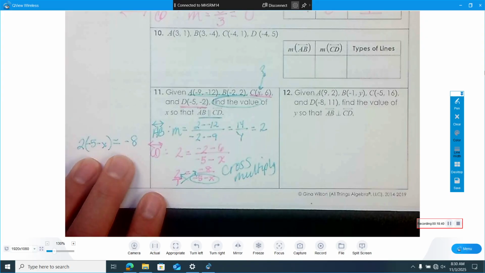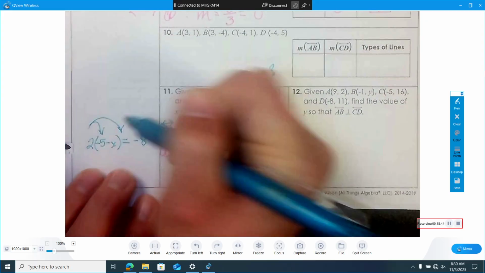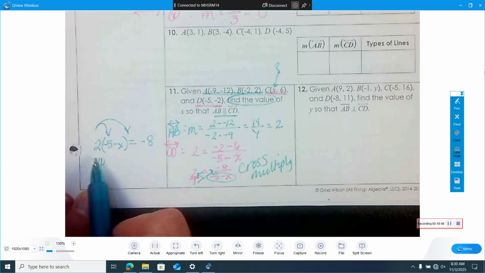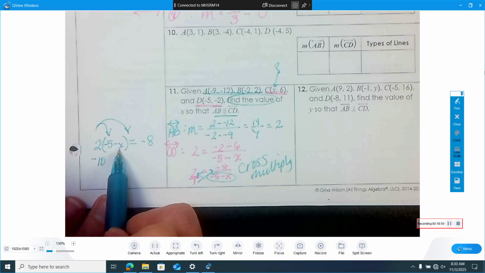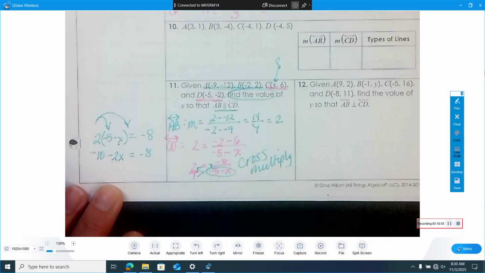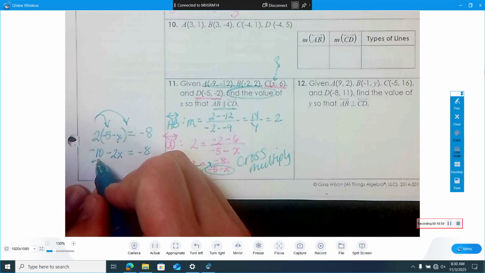And then what do we need to do now looking at this equation? Distribute. Yeah, good. All right. So 2 times negative 5 is negative 10. And 2 times negative x is negative 2x equals negative 8. Then what should we do? Add the 10. All right, we can add 10.